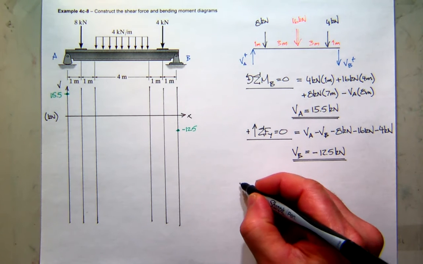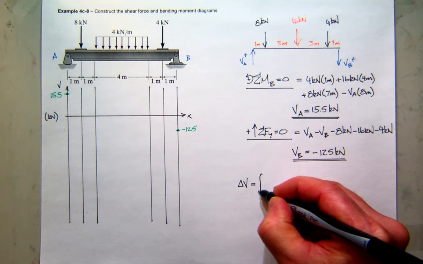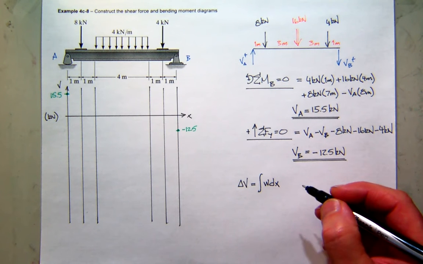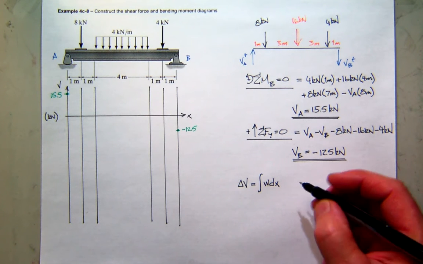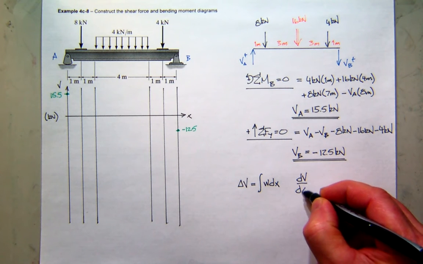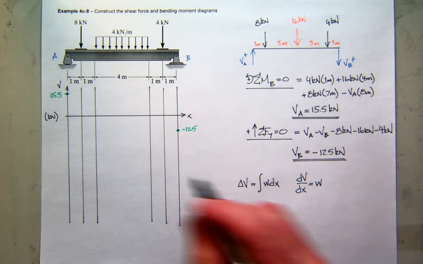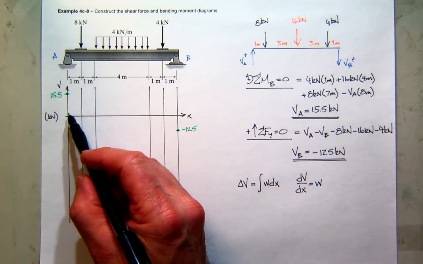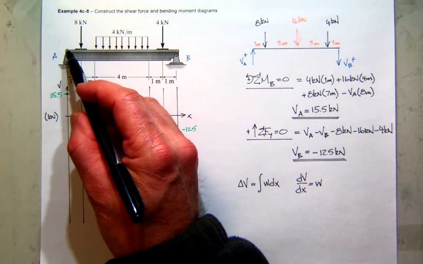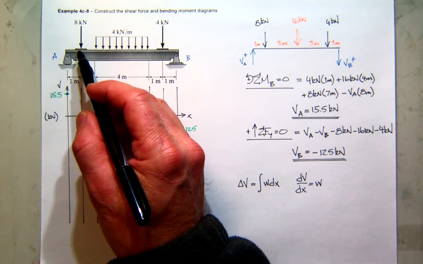And remember, our relationships are that the change in shear between any 2 points is the area under the corresponding part of the load diagram. And then, of course, the slope of the shear diagram, given by the derivative, is equal to the load at every point. So let's look at this first little 1 meter segment. If I go up here and look at the area under the load curve, what is it? Well, the load is 0.